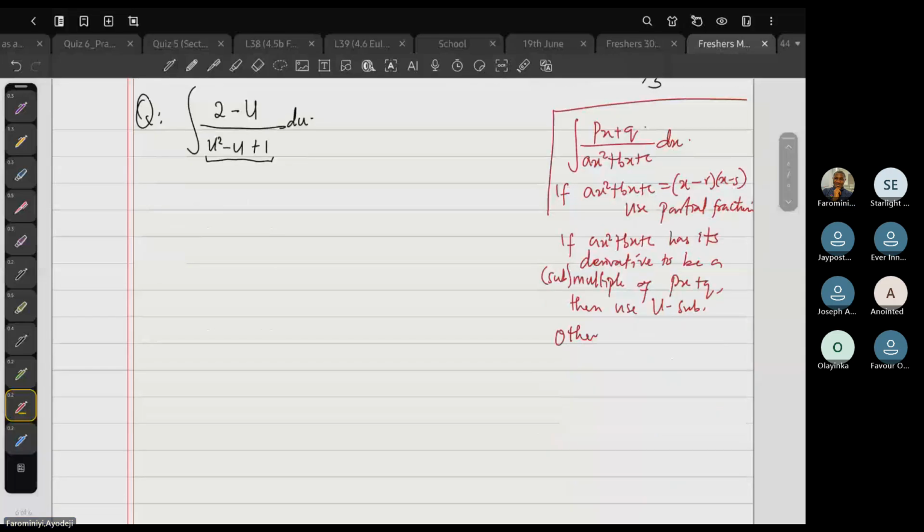Otherwise, complete the square. So this will lead us to the last part of my agenda for today.